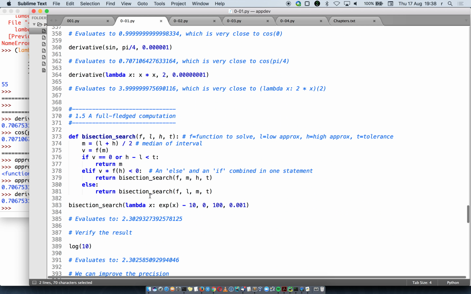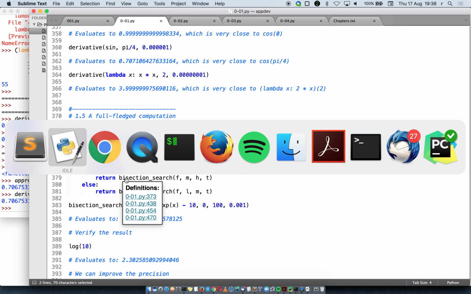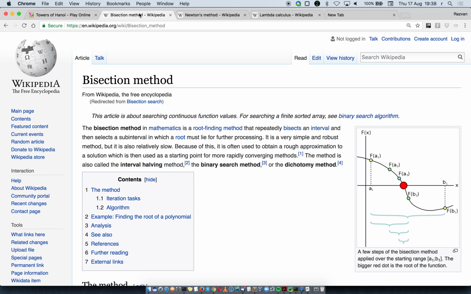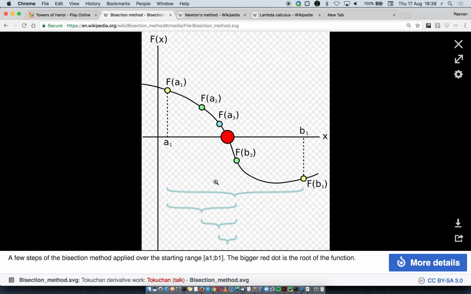All right. Let's look at something even more sophisticated. Bisection search. This is a very well-known method for finding approximate solutions to equations. The way bisection search works is very simple. Let's say we have a function. We have an interval such that the signs of the function at the extremes of the interval are different.